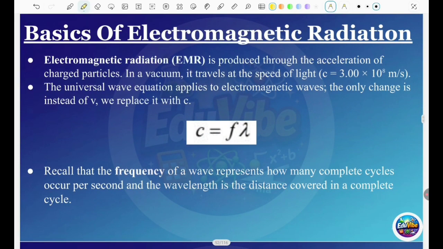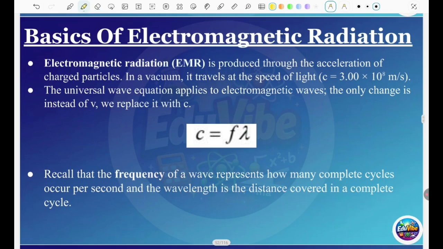Firstly, we start with the basics of electromagnetic radiation, the formula and the things we have to know. Electromagnetic radiation, which is EMR, is produced through the acceleration of charged particles. When charged particles accelerate, we get EMR, which is electromagnetic radiation.